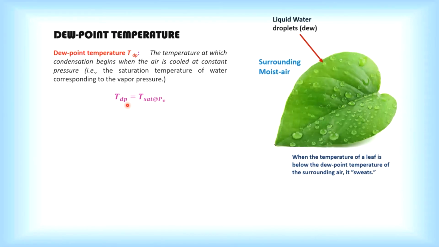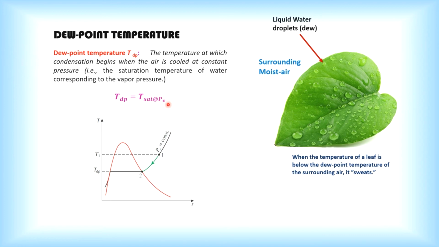So T_DP is the dew point temperature, which is also the saturation temperature at the P_V pressure. Here P_V is constant pressure.